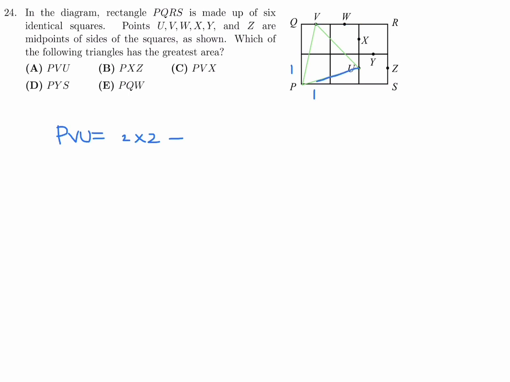And I've got to subtract this triangle here. And that will give me the area of PVU. So 1/2 base times height. 1/2 3 over 2 times 3 over 2, and minus 1/2 2 times 1/2. And when you do this math, you get 15 over 8. And I'm not going to talk you through every single one because that's not necessary. I mean, you guys understand.